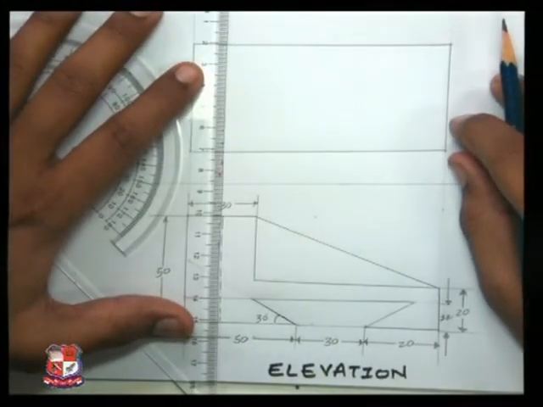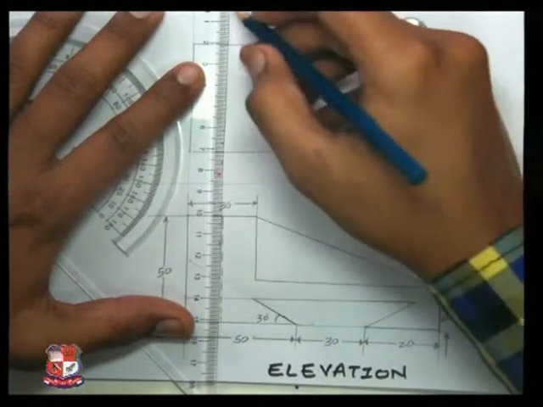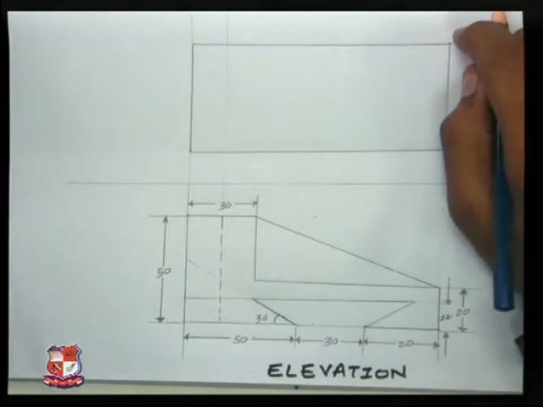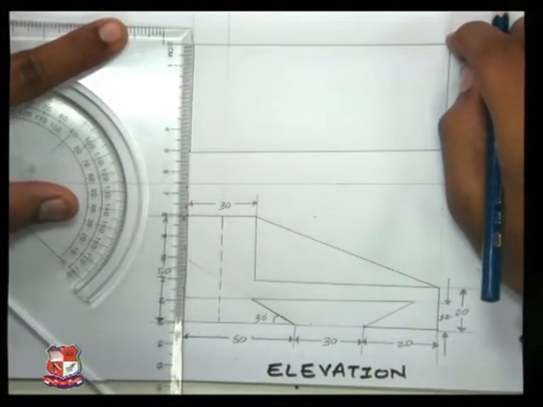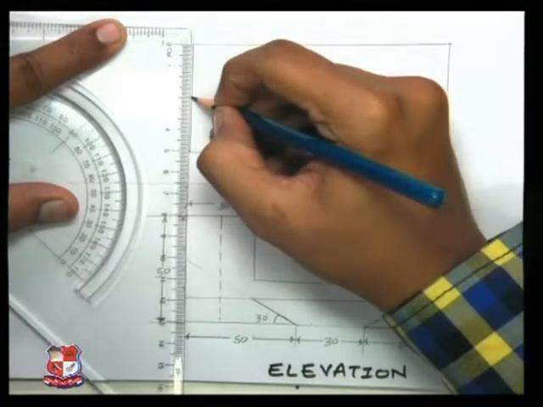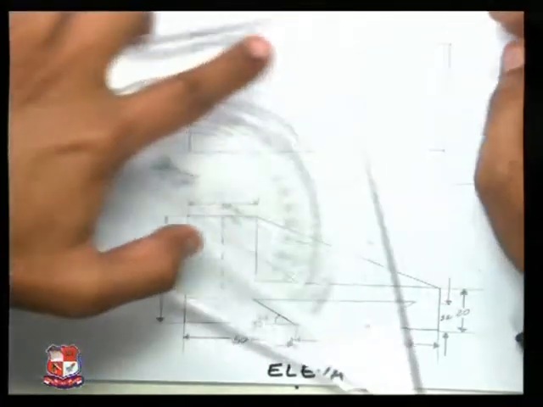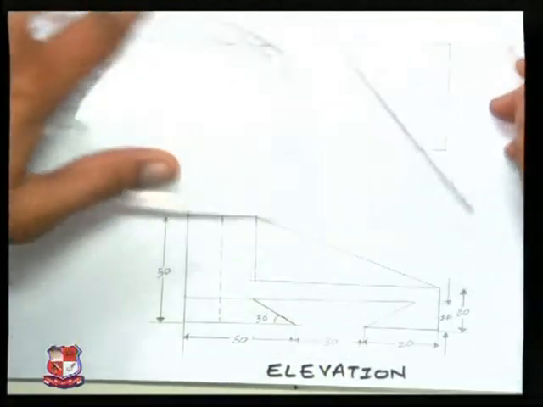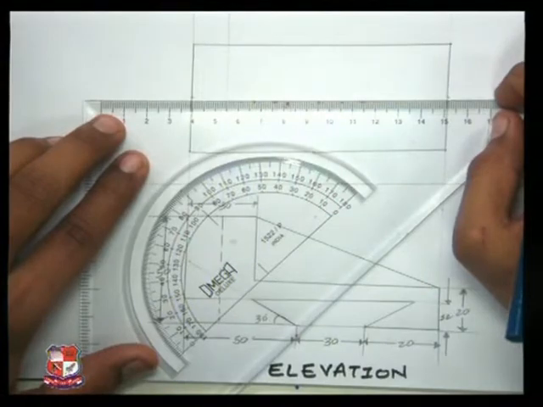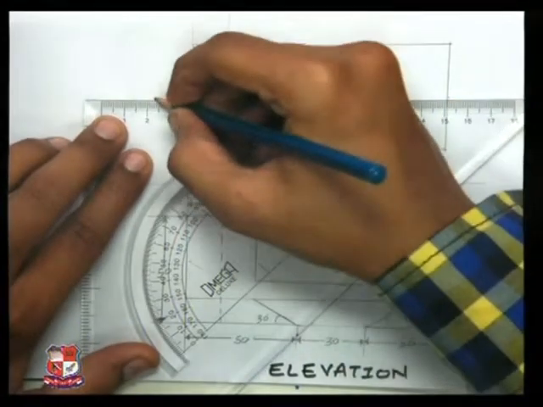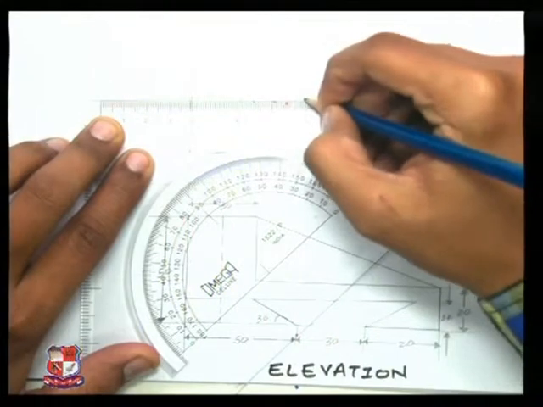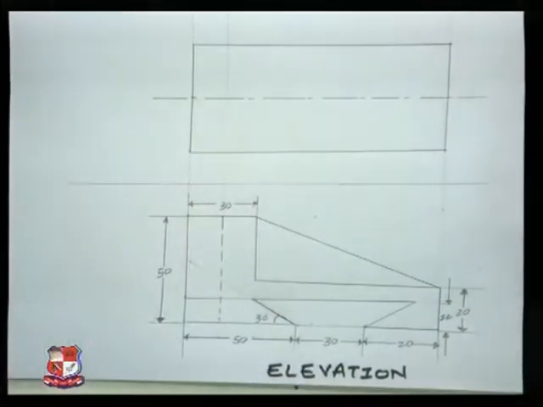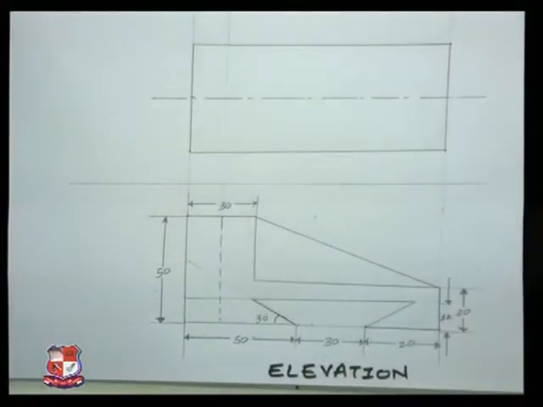We will take projections of it. Projections to be taken very lightly. The circle is located exactly in the center, so I am taking the 50 mm's center point and marking it with the center line.